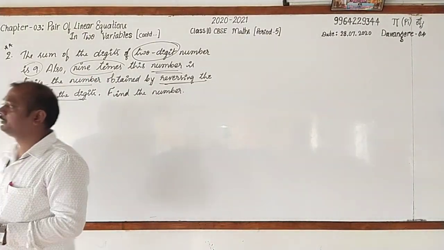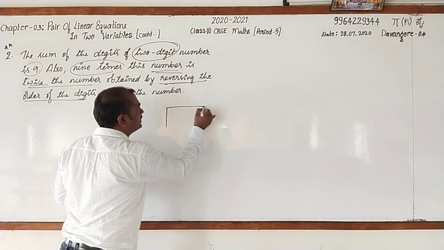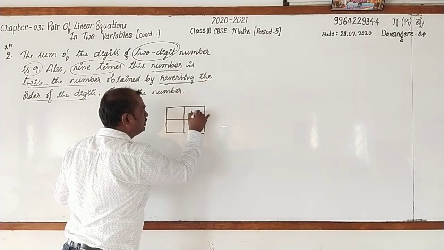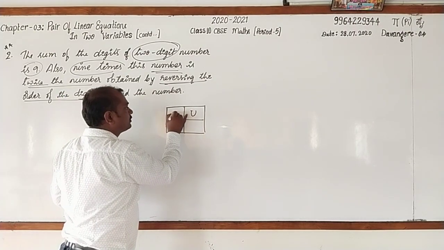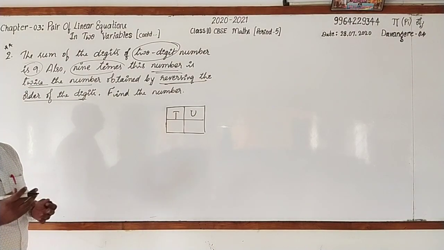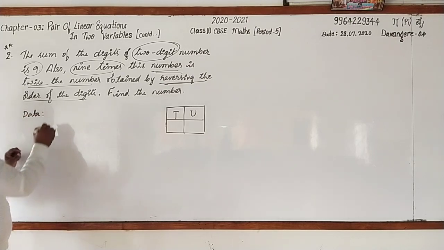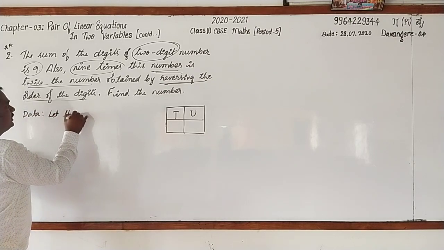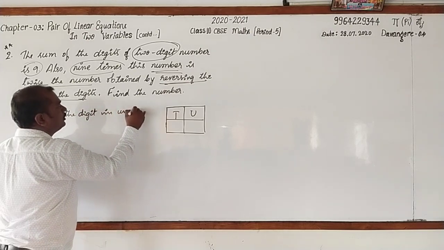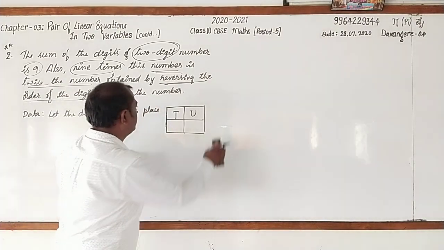No doubt it is easier. Here they have given a two-digit number. If it is a two-digit number, what places will be present in that? Yes, you are right. One will be in the units place or ones place and another in the tens place. But do you know the digits of these? Unknown. Hence first let us assume.